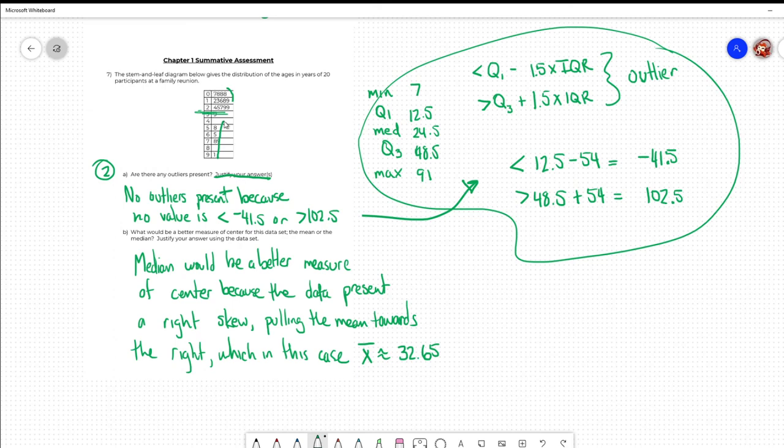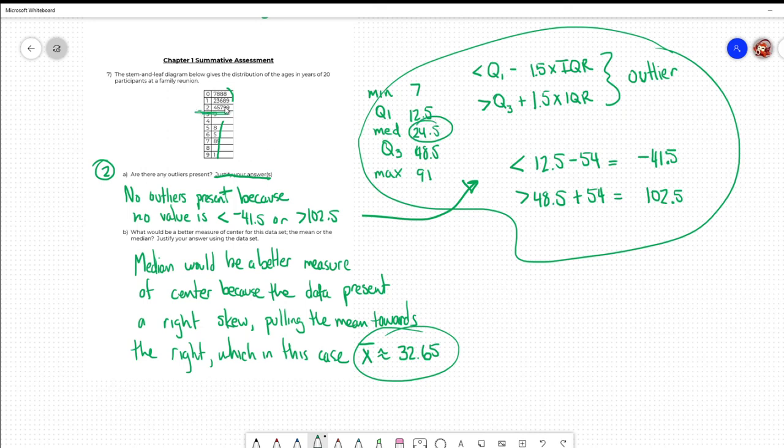Give me specifics. You're right. Your definition is totally right. But how does it connect to the numbers? Bring the numbers in. Point to it as evidence. This is what I'm talking about. The mean is at 32.65, while the median is at 24.5.